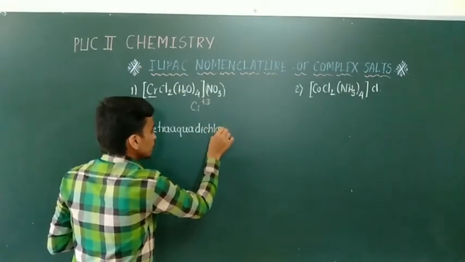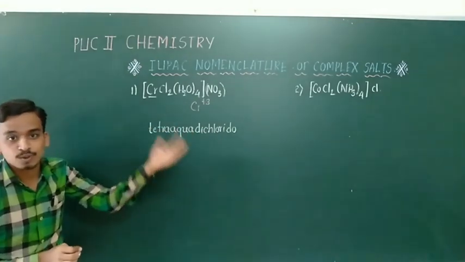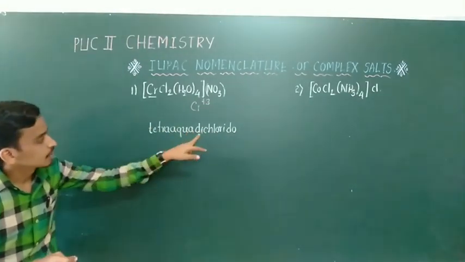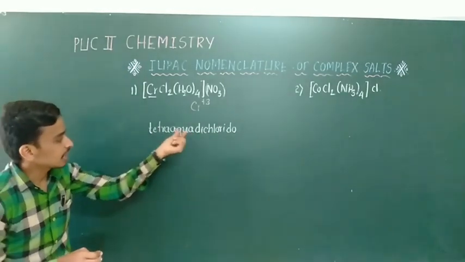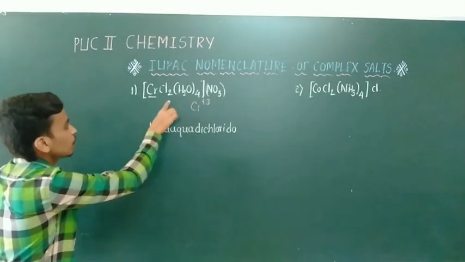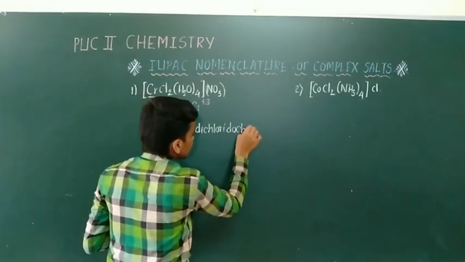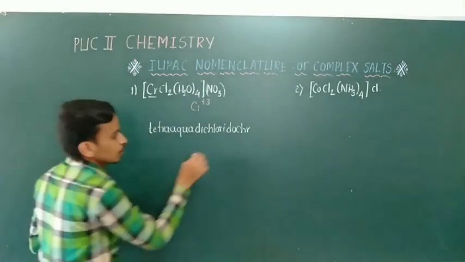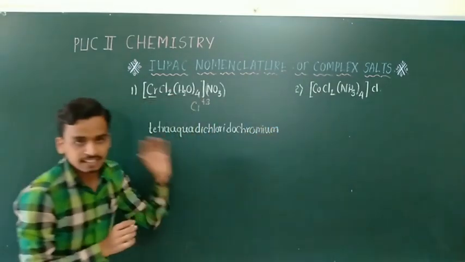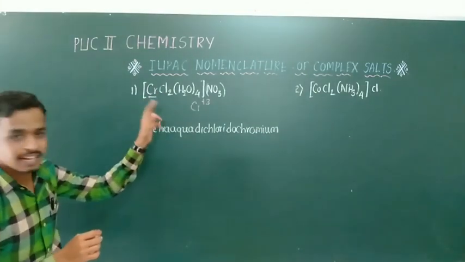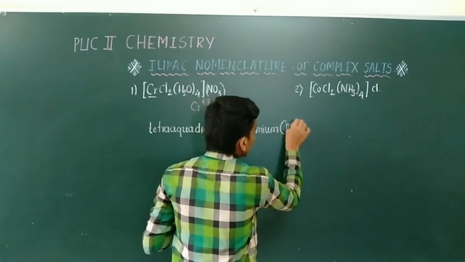dichlorido. Care must be taken, there is no space because there is no punctuation marks, therefore you should not leave a space here. Therefore tetraaquadichlorido, and after this it is the chromium, therefore write here tetraaquadichlorochromium, and after writing this chromium, inside the open bracket you are going to write down the charge present on that.